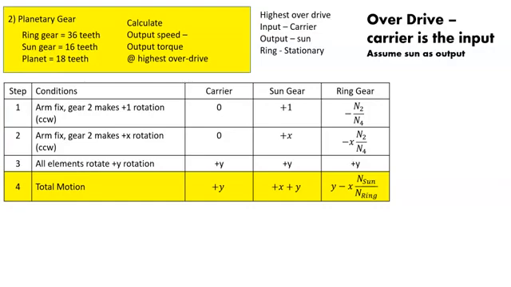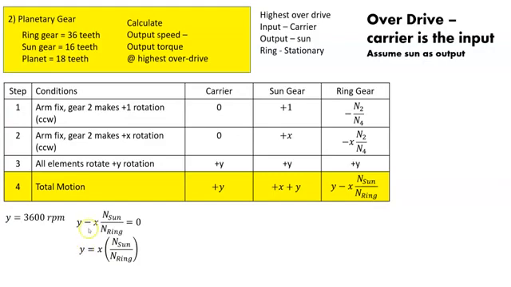All right, so now let's work through this. Again, Y is still 3,600. We know our ring is stationary in this condition, so that equals 0. It's not moving. So Y minus X times the ratio of sun to ring.